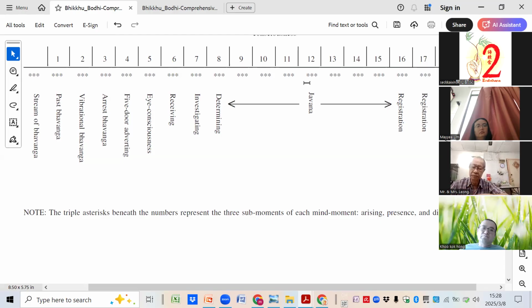The rest are all what we call the background crew, the supporting characters. The five-door consciousness, including eye consciousness, is considered the supporting character or background crew. So the main actor is the Jawana. That is the meaning.